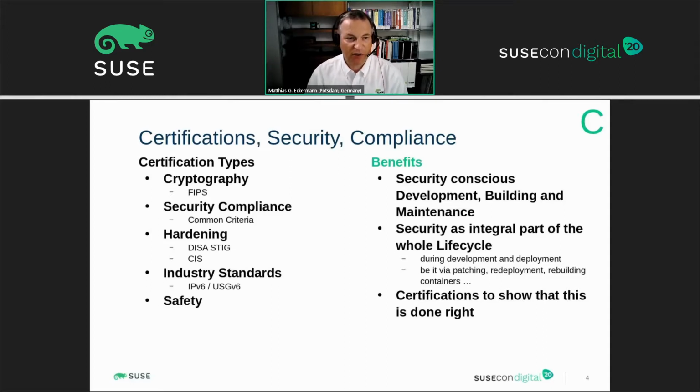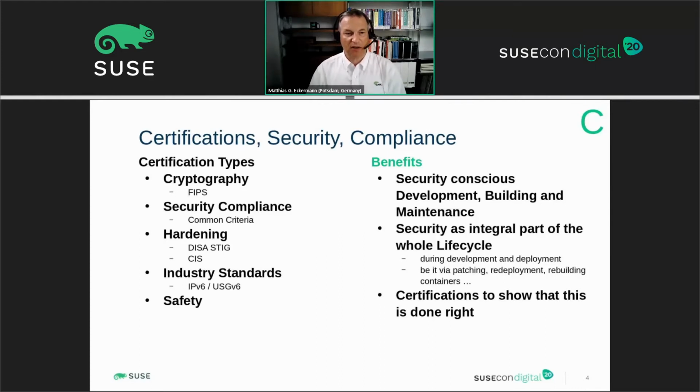There are certifications which provide you with a proof of security compliance, such as common criteria, roughly speaking. There are certifications which certify hardening tools or say that we are following specific hardening standards, such as the STIG of the US DISA, such as CIS.